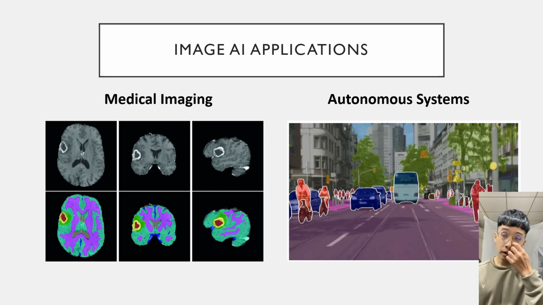And the second one is autonomous driving. Image segmentation is fundamental in autonomous driving systems to perceive and understand the visual surroundings.